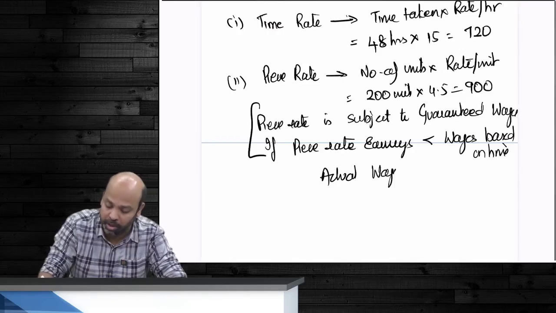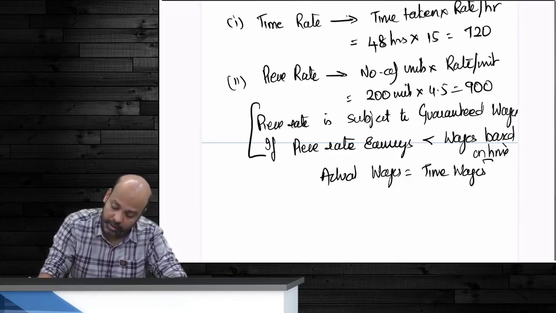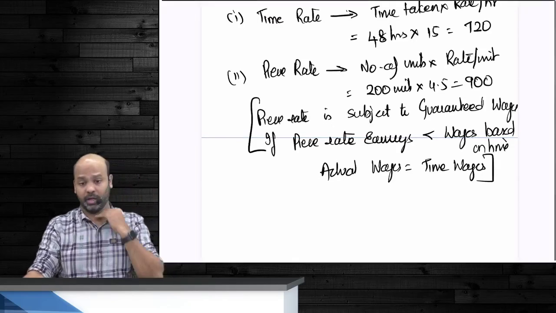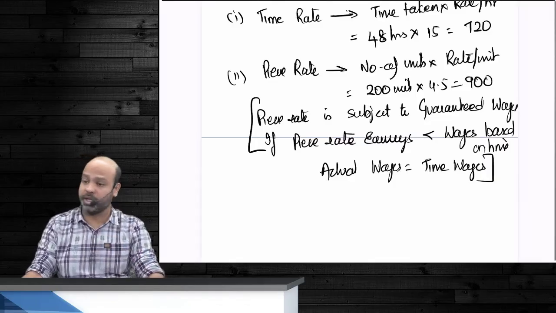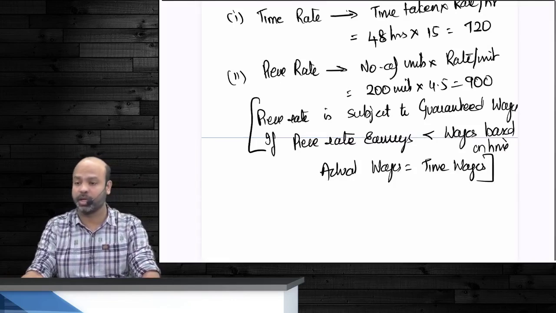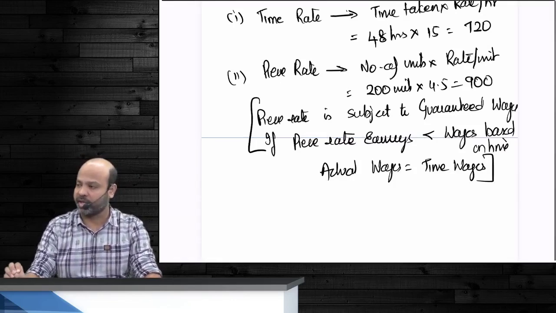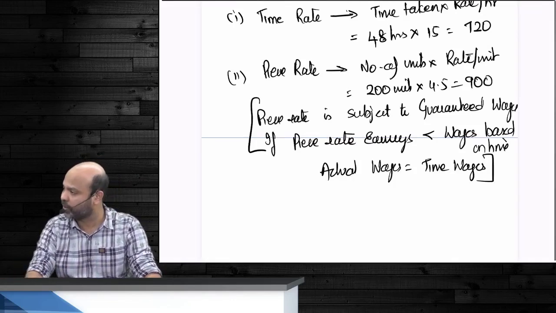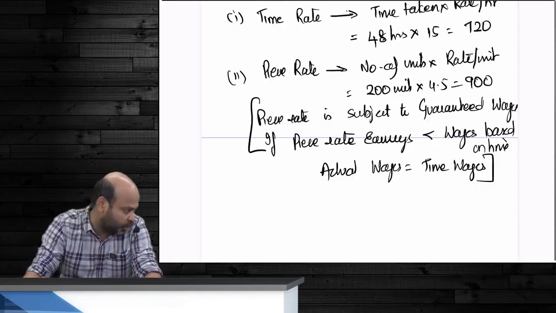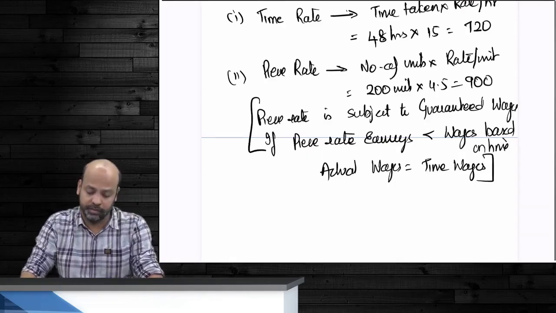You will give them at least that bare minimum. Write this. We are going to see this in some other question later. The piece rate earnings are going to be less than time wages. This doesn't come in every question. Only they have to mention that it is subject to guaranteed wages. Only then this rule will apply. If they simply say piece rate earnings, you will have to write number of pieces multiplied by rate per piece. Only if they mention it is subject to guaranteed wages, you're going to write this.